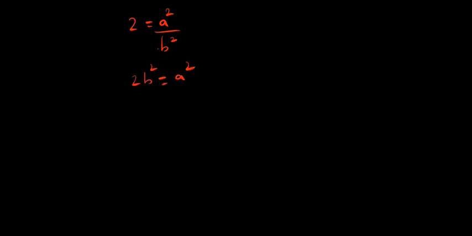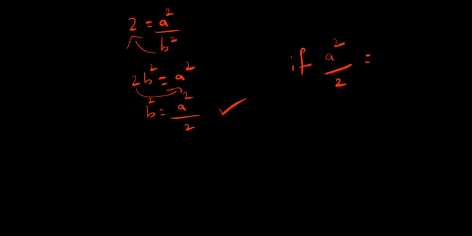So you can write b square equal to a square by 2. This tells us that if you divide a square by 2, we are getting b square.